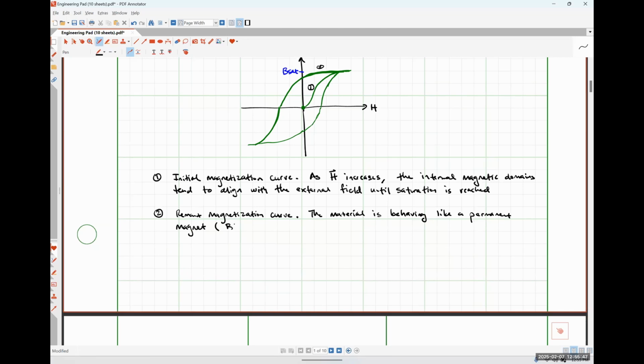So B is non-zero when our current field, or H or I, either way we're looking at it, is zero. Okay. So we have now created effectively a permanent magnet.